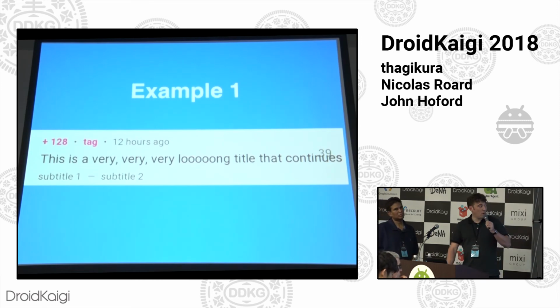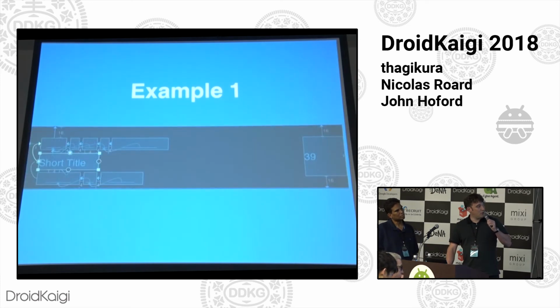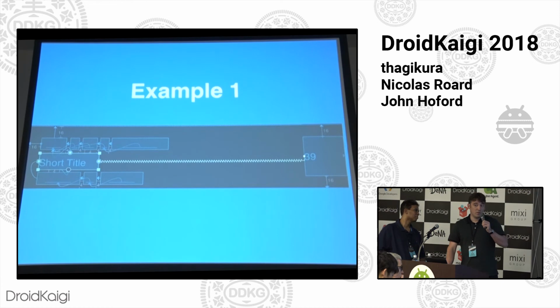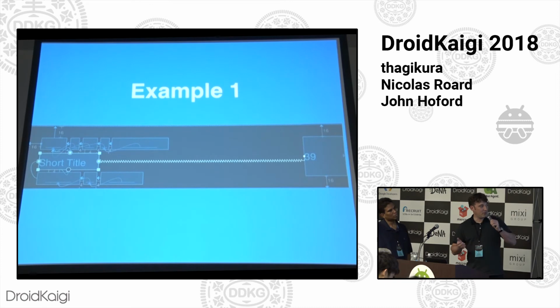So one way to fix that is to essentially create a constraint between the title and that number on the right. And because at that point you will have two opposite constraints, one on the left for the title and one on the right connecting to that right element, you will also set the bias to 0, which means that it will all be tacked to the left.